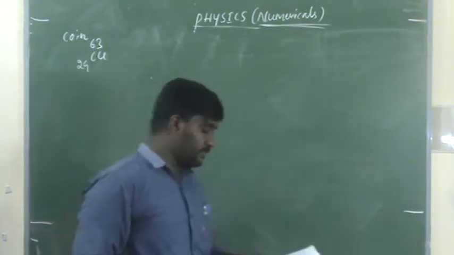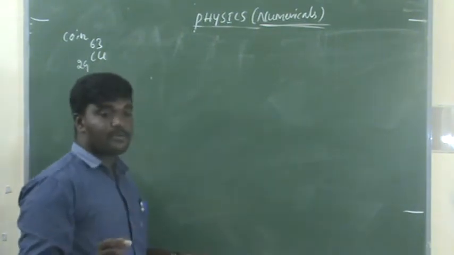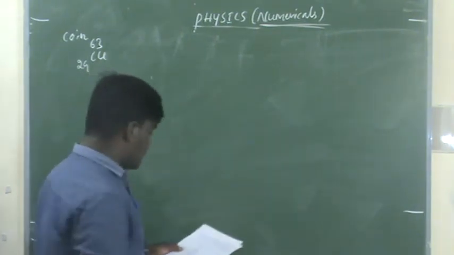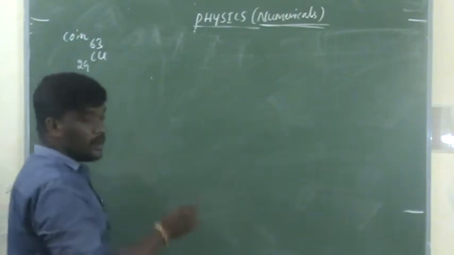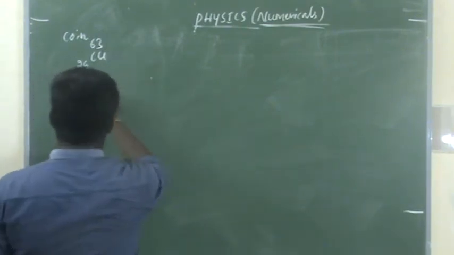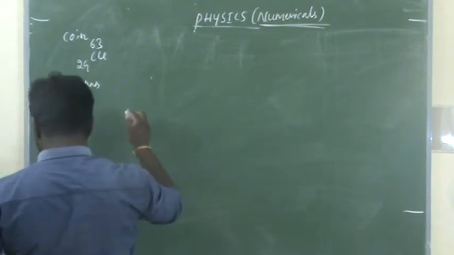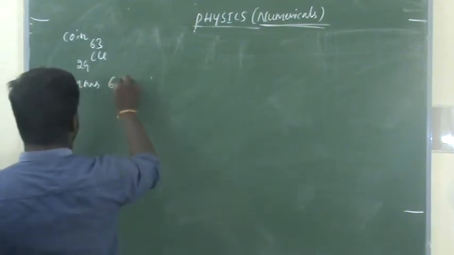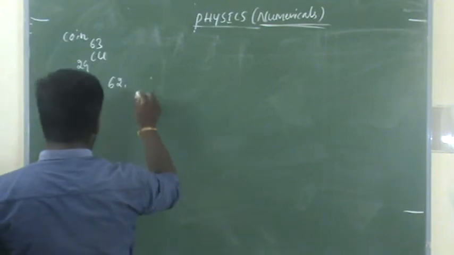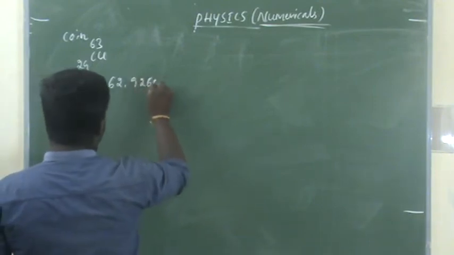So let us assume the coin is made up of copper. The mass of the coin is 62.9260 units.